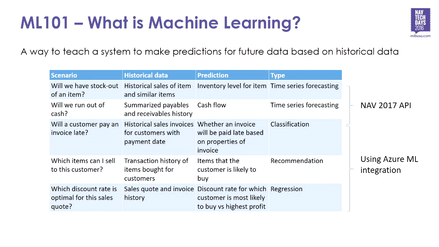The third one, this one about will the customer pay late, yes or no? That's a classification. It's actually a binary classification. So we're taking some data and putting it into one of 2 classes, yes or no, 0 or 1, true or false. The fourth one is recommendation.